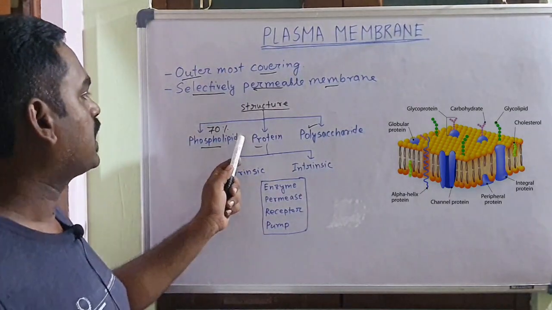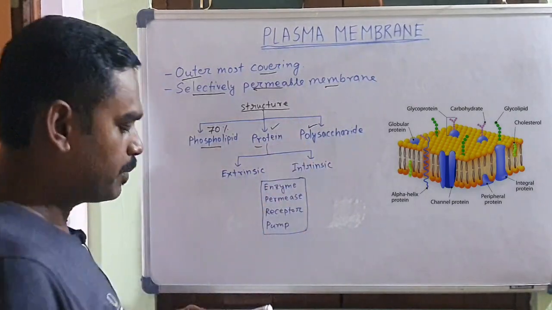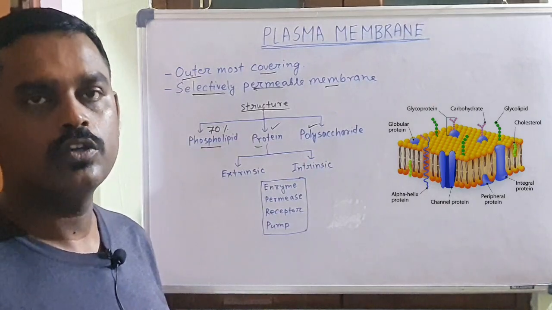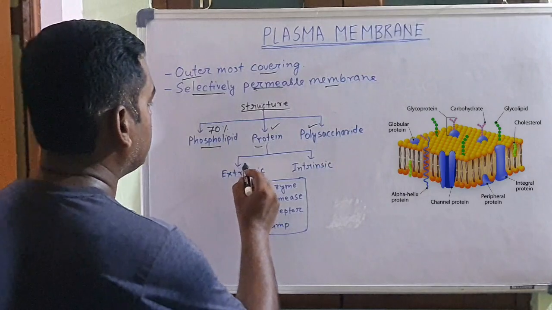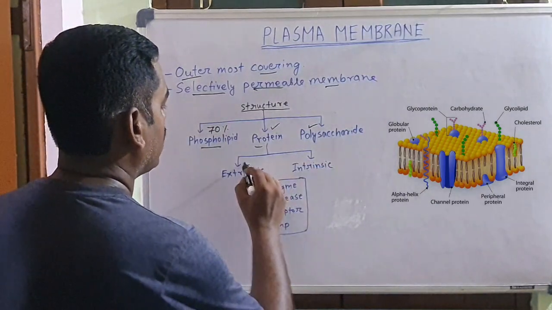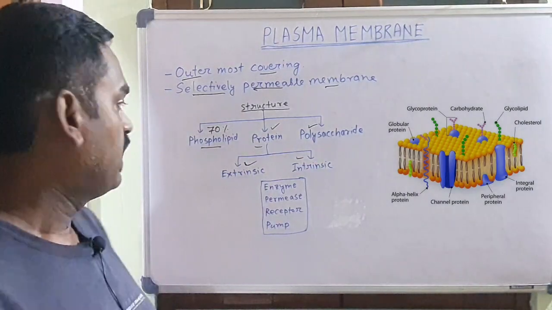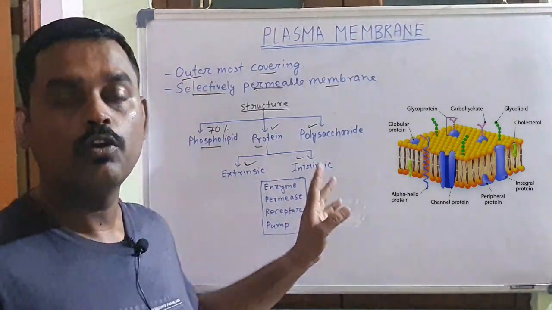Next, different types of protein are also present in the plasma membrane. We can classify these proteins into two types: one is extrinsic protein and the other is intrinsic protein. Both are the same types of protein, but they are classified according to their occurrence.